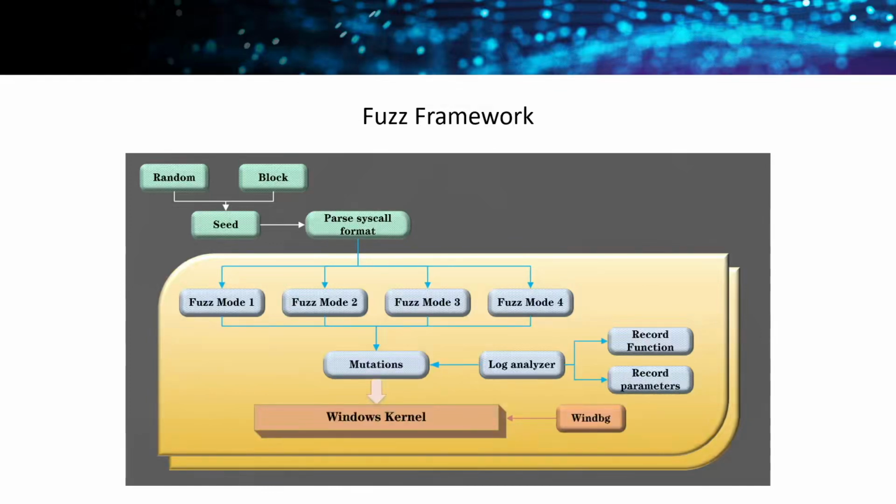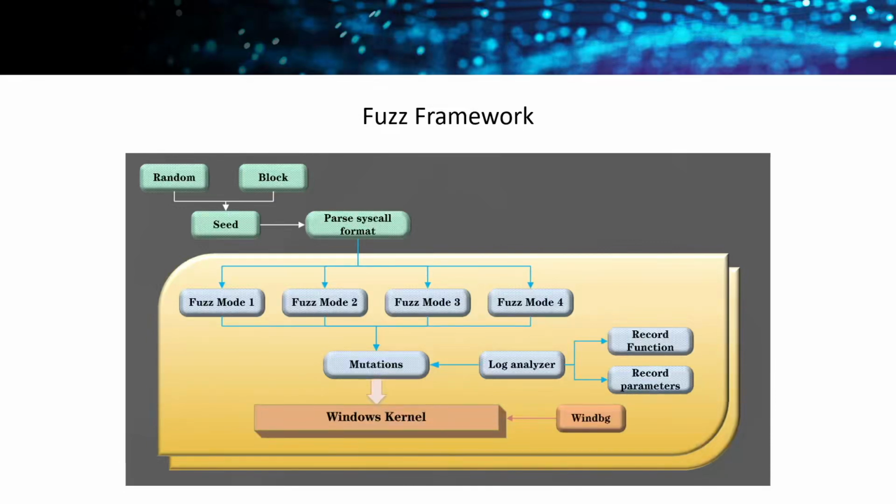We use different flags to create different objects and reverse. We also have a logger to record functions, which means recording a lot of blocks and at the same time recording parameters.